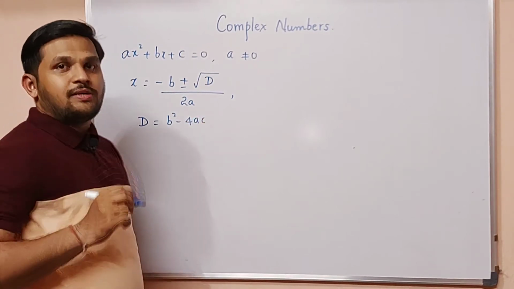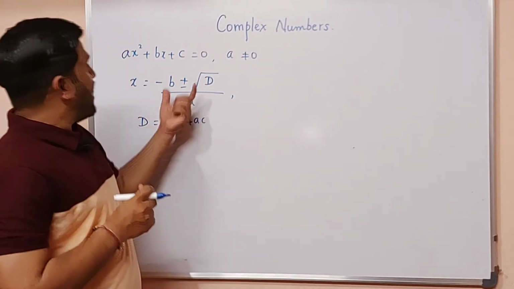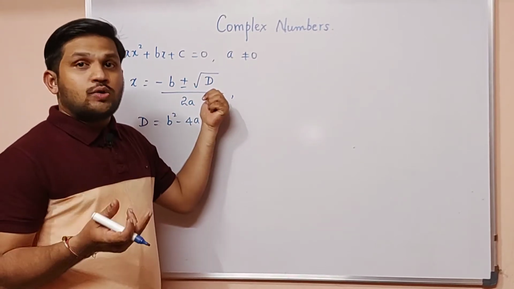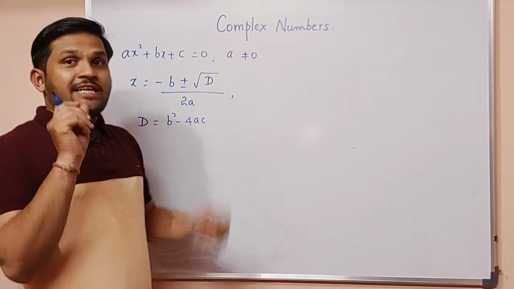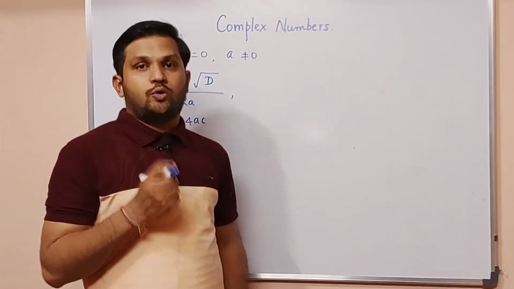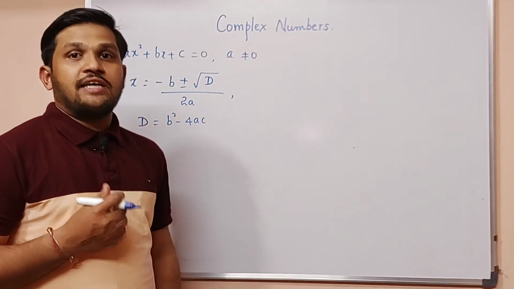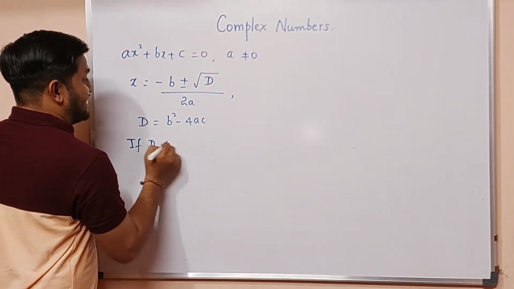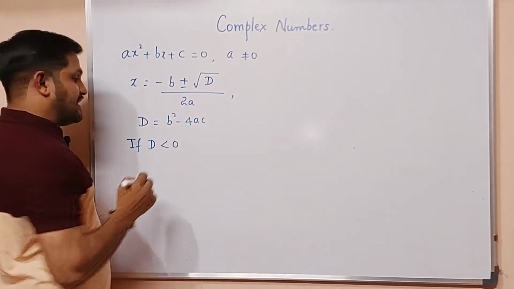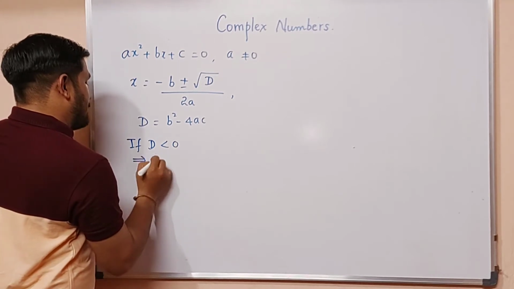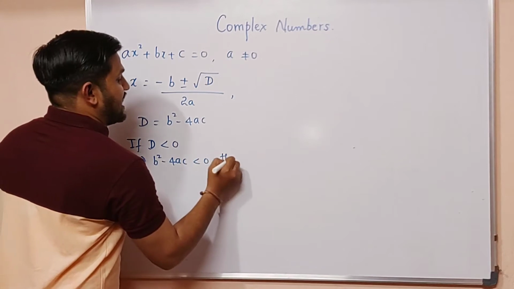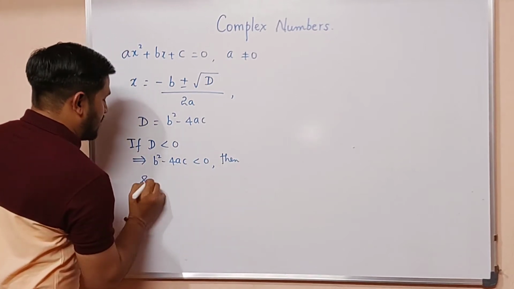You have learnt the concept of how to find out whether a quadratic has real roots, equal roots or no roots. Let's talk about the concept of no roots. We know that if D is less than 0, that means b square minus 4ac is less than 0, then the solution does not exist.